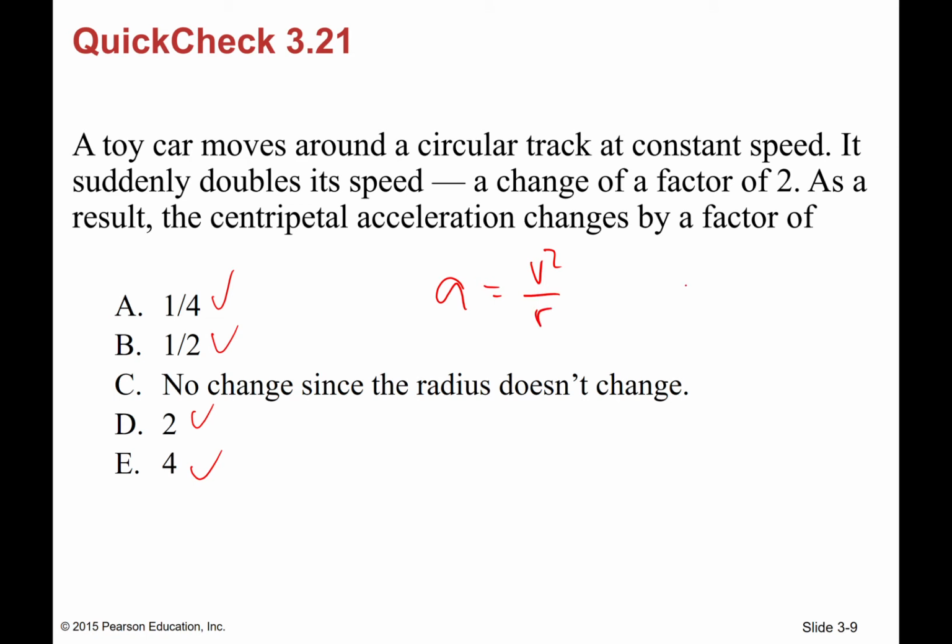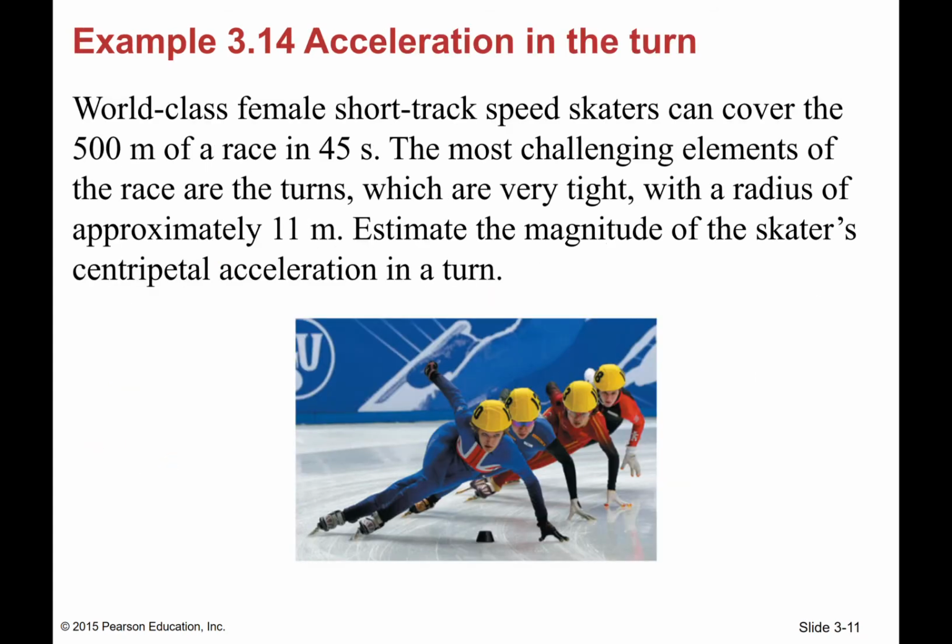If the speed changes by 2, then this is (2v) squared over r, which is equal to 4v squared over r, so the change is 4. And that is the right answer.